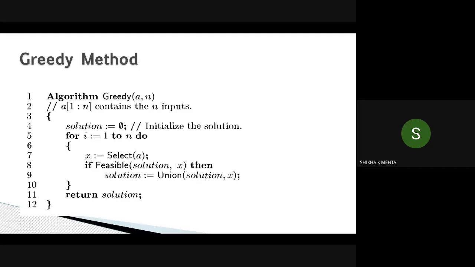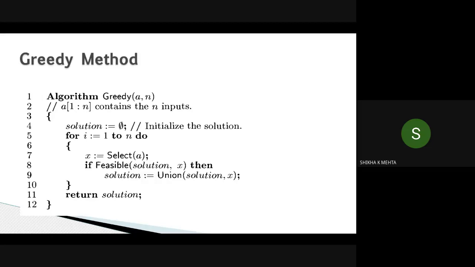So here you can see what happens in the greedy algorithm. We have a certain set of inputs, right? These inputs are nothing but small parts of the bigger problem, a small set of the complete input for solving a particular problem. Initially the solution is empty. We have n inputs, where n is the size of the input. From the input, we choose one input at a time, and then we check whether the solution obtained with this particular input is a feasible solution or not.